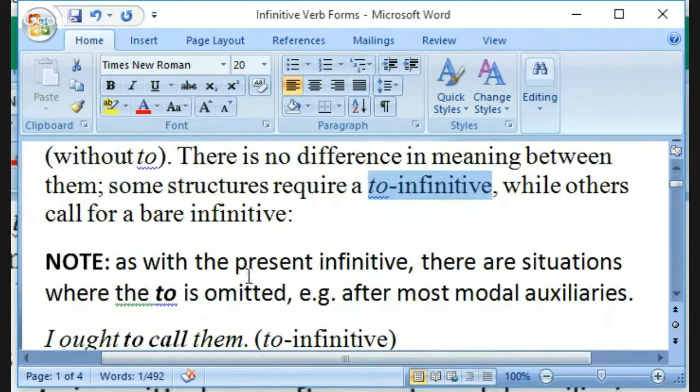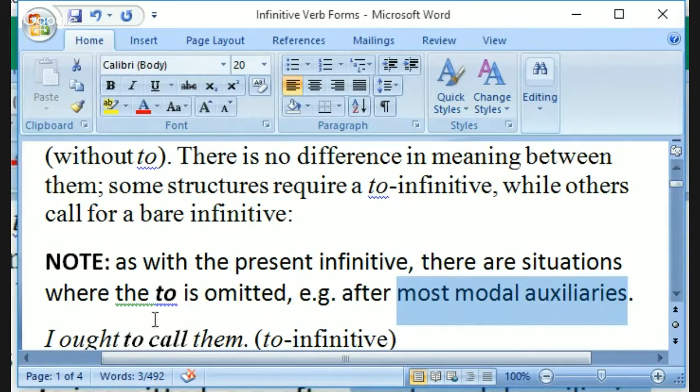For example, a very normal mistake that I frequently see for English language users is using a regular infinitive form with a modal. There are situations where the to is omitted after most modal auxiliaries.